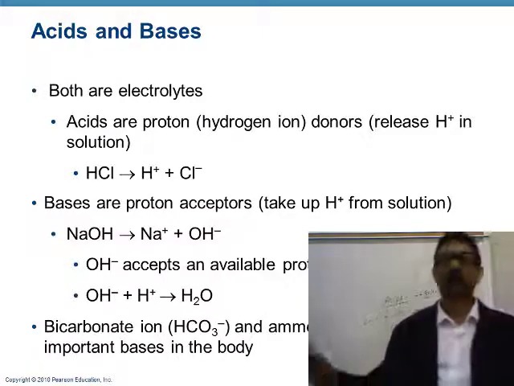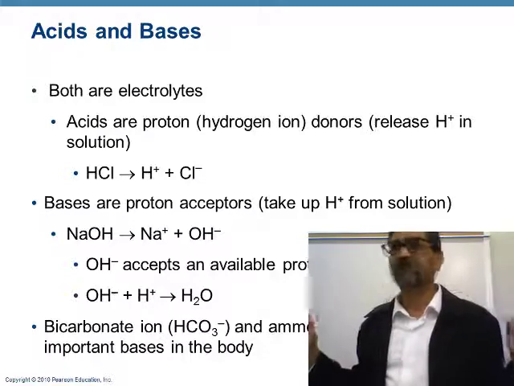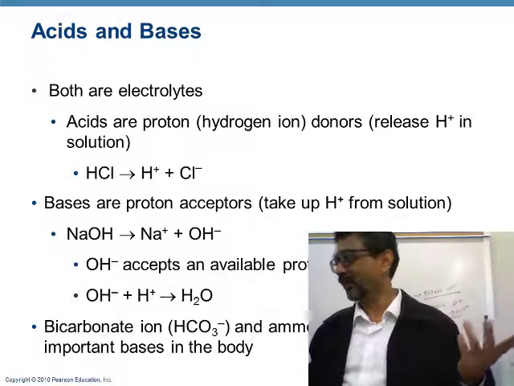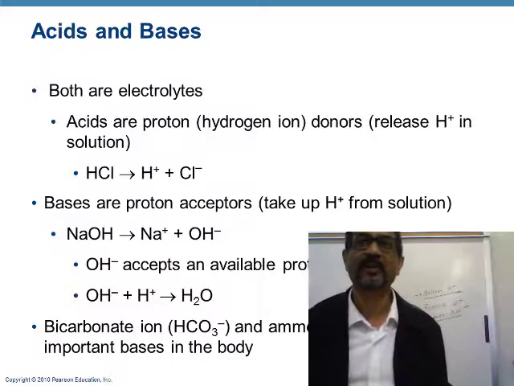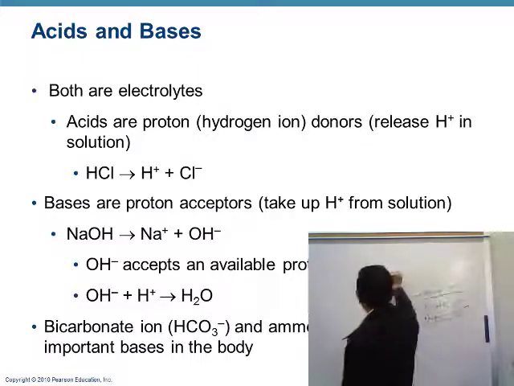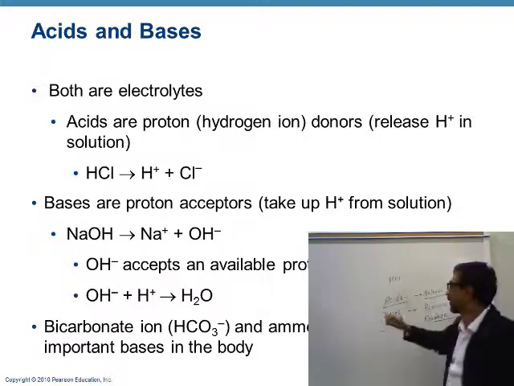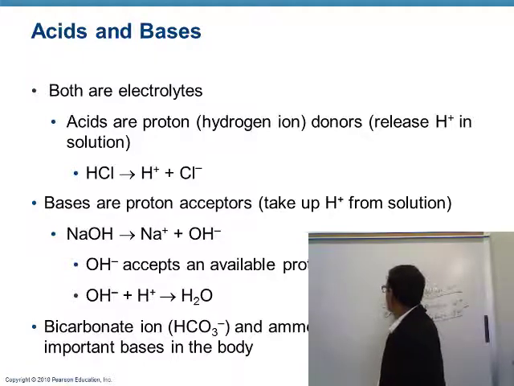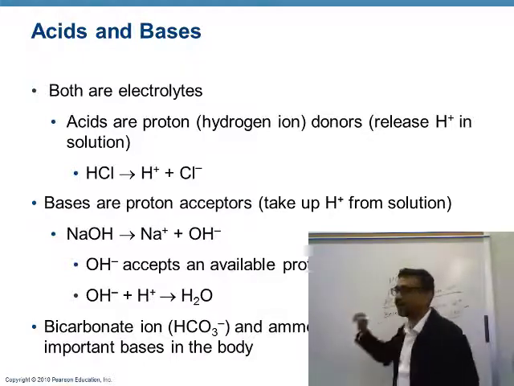Now, anybody, can you name just one acid? You know that. And hydrochloric acid, I have talked about that, right? So hydrochloric acid, HCl, right? This is hydrochloric acid. Why this is an acid? H2O is water, which is not an acid.